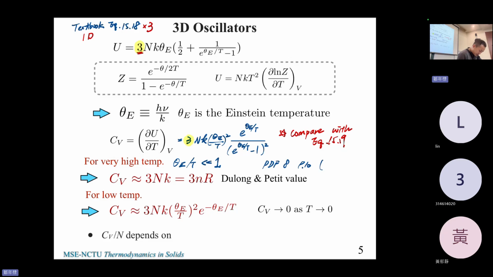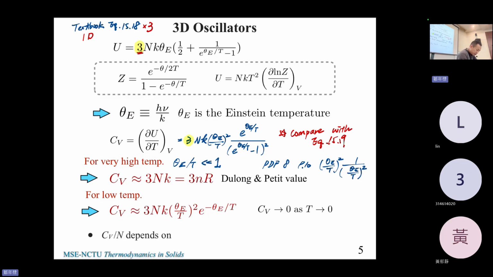The result will be (theta E over T) squared times 1 over (theta E over T) squared. Actually we saw this at the condition theta E over T much less than 1, and we saw this condition on page 10 in PDF 8. They cancel each other, and CV becomes 3NK.